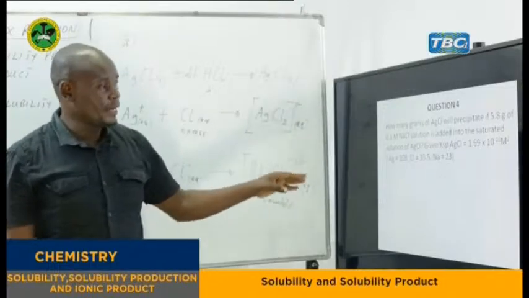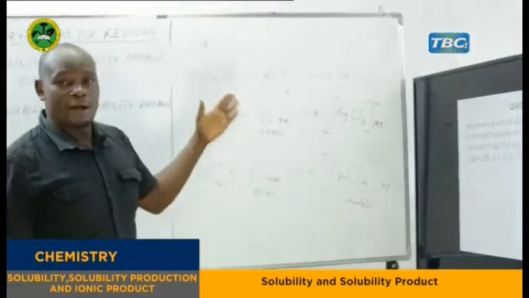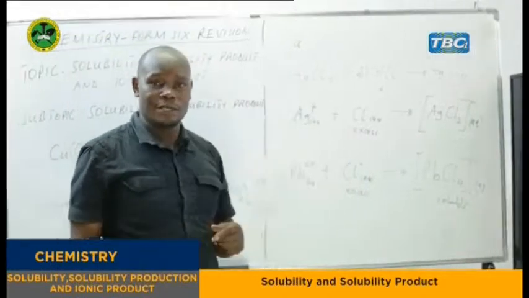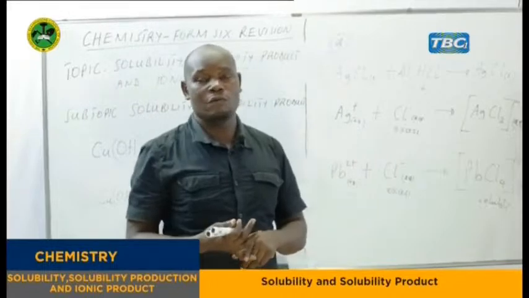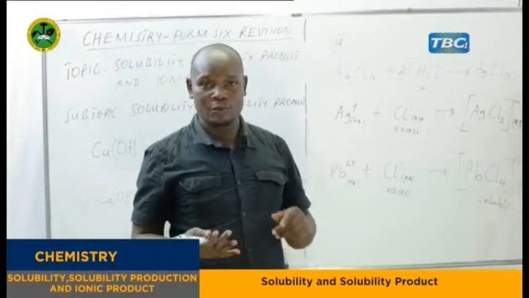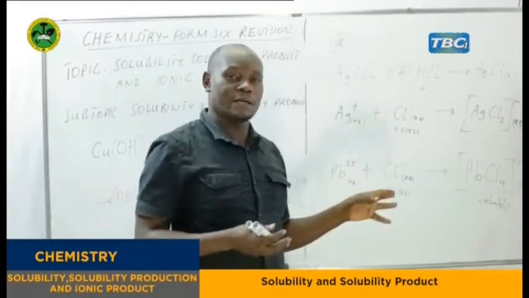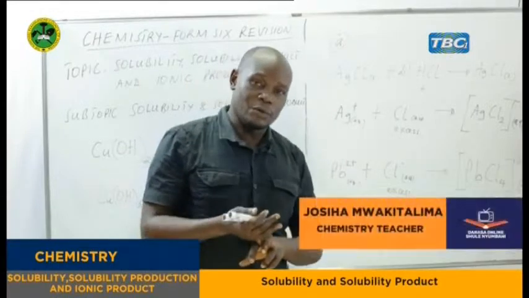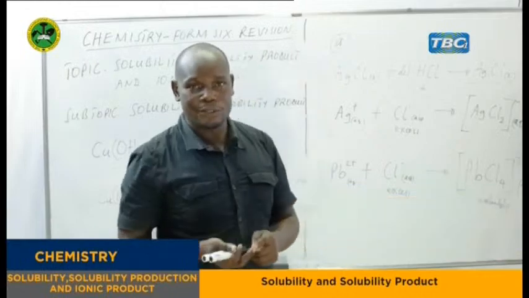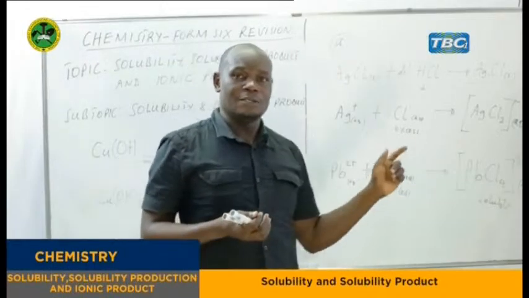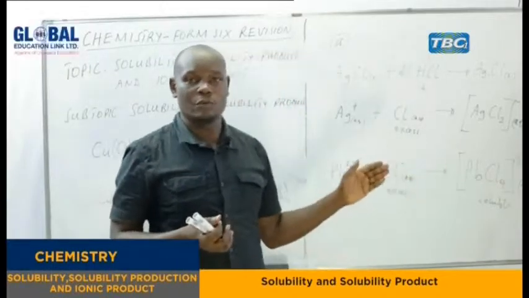From there, we have seen how you can determine the solubility and the solubility constant of a given sparingly soluble salt, and how these factors, the common ion effect and the formation of complex compounds, affect the solubility of sparingly soluble substances.